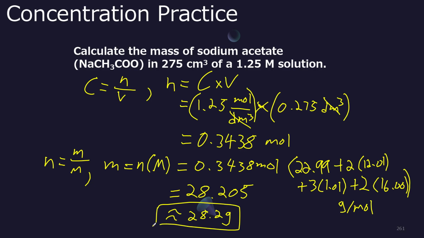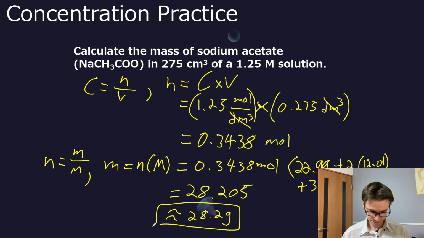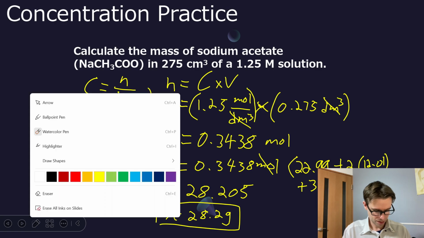Final answer. Okay, hopefully you follow that. So it's kind of the opposite pathway to the previous question, but sometimes you'll be asked how much mass would it take to make a certain concentration of something in a certain volume. Okay, moving on.